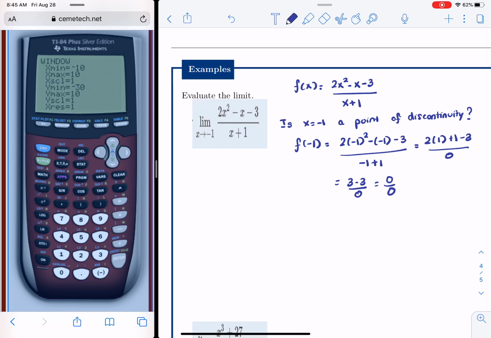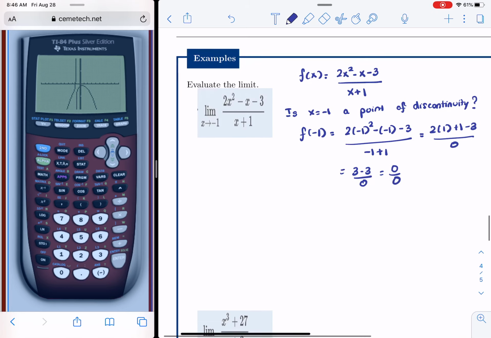I'm going to put 30, 30. And at negative 1, there is a discontinuity. So let's see if we can evaluate that particular limit. So what value does it approach at x is equal to negative 1?